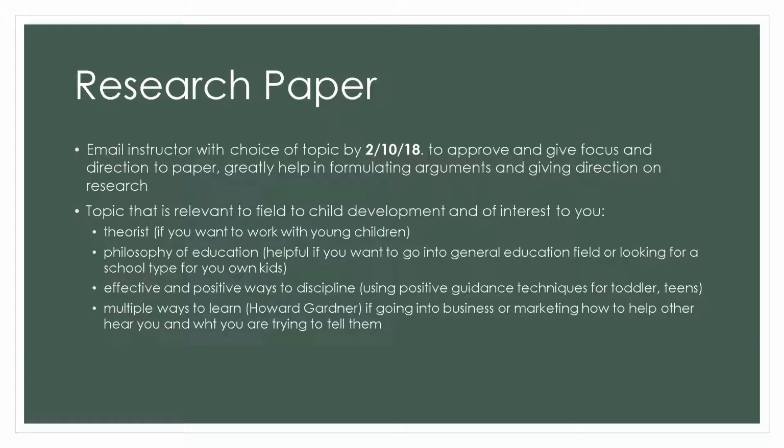But for the actual research paper, online in the course requirements module on Canvas are 2 pages about our research paper. There's a first page that talks about the rough draft grading, and then the second part of that first page is the final grading.